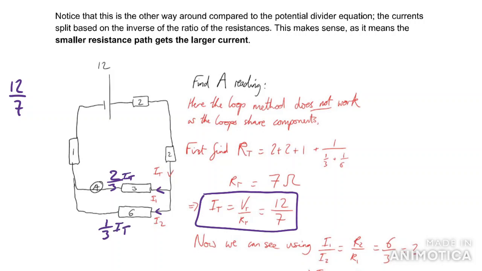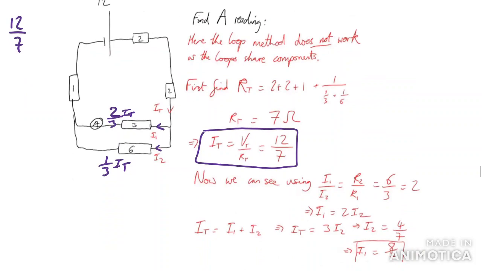So it's very similar to potential divider, but just make sure you remember that the smaller resistance path is the one that gets more. You can see it's going to split in a 2-to-1 ratio, with the 3 being the one that gets double the current. And therefore we have worked out what the current in each path is.